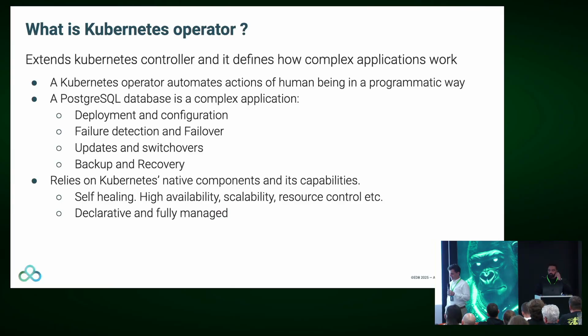So like I was saying, the way I think of it is that Kubernetes is an API, and a Kubernetes operator is a way to extend that API. Kubernetes provides by default a primitive like a pod to schedule applications.